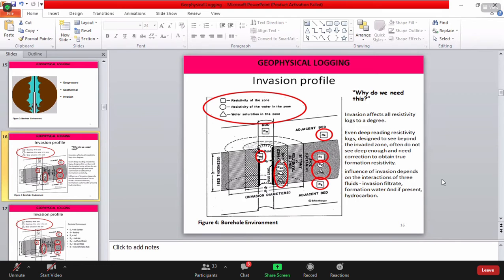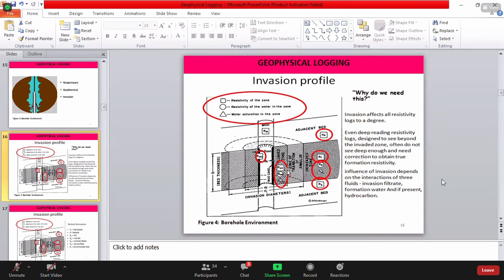Okay? So now, this zone could be divided into two: the invaded zone and the uninvaded zone. If you look at the slide, there is the uninvaded zone and the invaded zone.